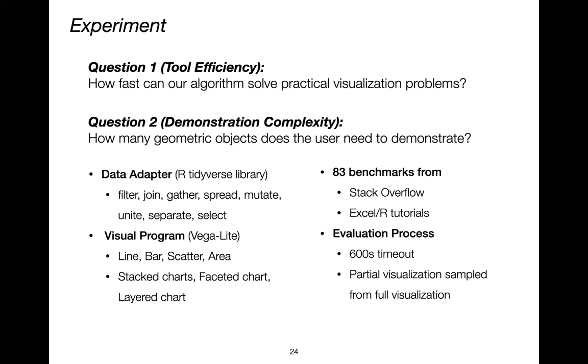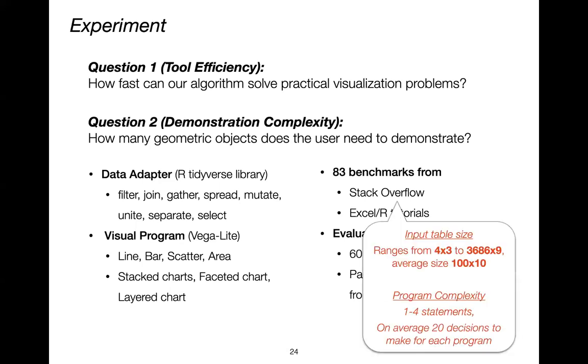The way we evaluate is to set a 10 minute timeout, and we use partial visualizations sampled from the full visualization. The input table can be small, but it can also be large. And the programs are typically just 1 to 4 statements. This sounds small, but because those operators contain a lot of parameters, there are actually quite a lot of decisions to make for each program.